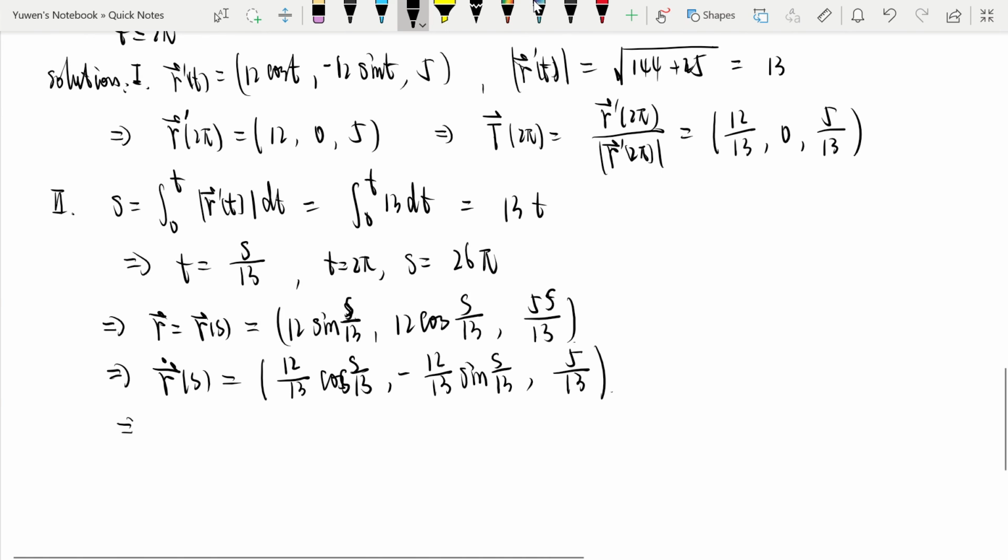When s equals 26 pi, here is 12 over 13, 0, and 5 over 13. That is the unit tangent vector. That's why we use the arc length parameter.